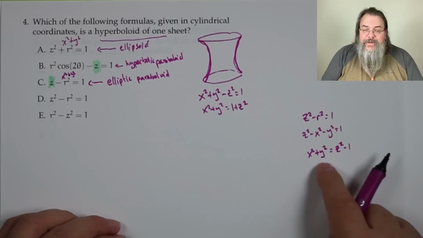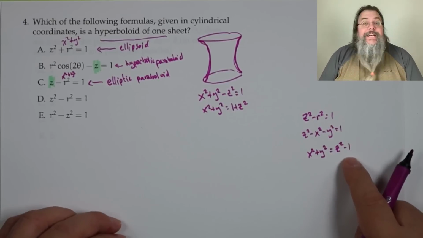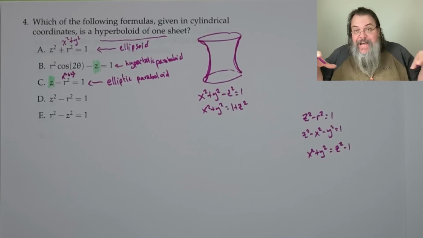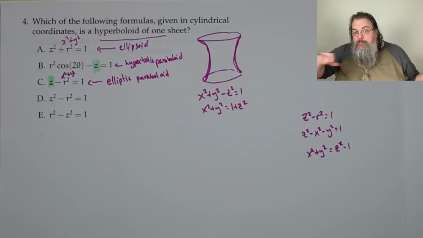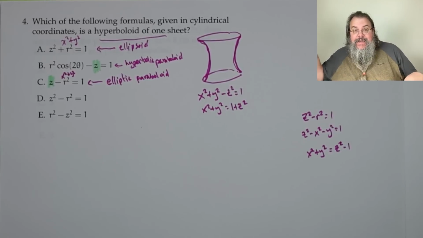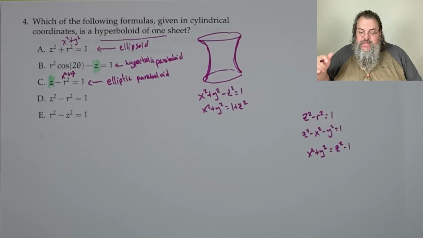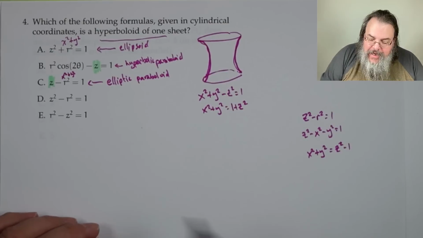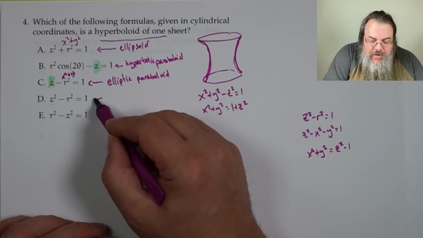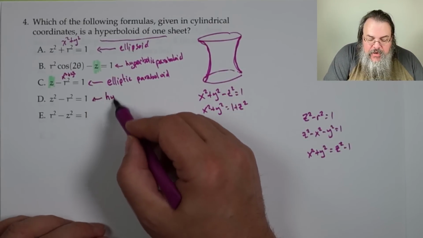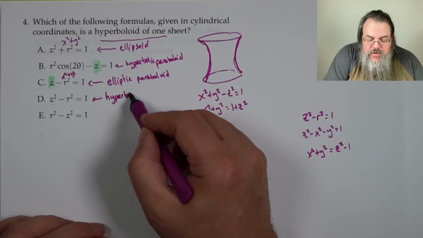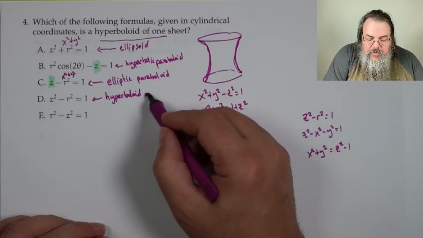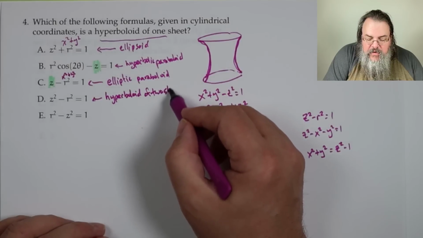You get x squared plus y squared equals minus 1. That's not going to happen. So it's completely missing the xy plane. So this is a hyperboloid, but the wrong kind. This is your hyperboloid of 2 sheets. And so that's not the one we're after.